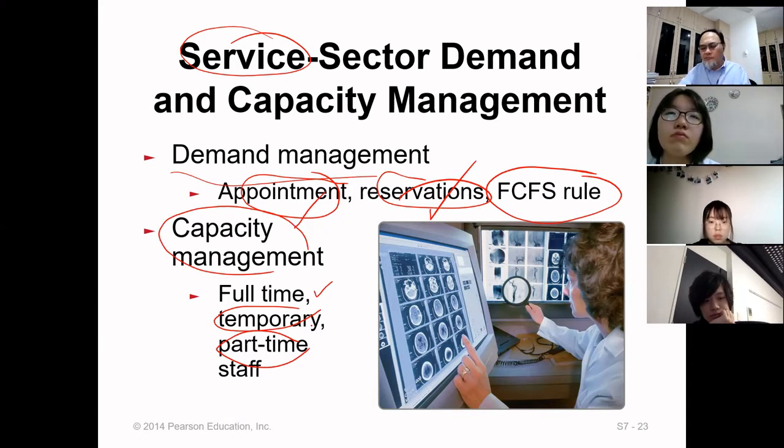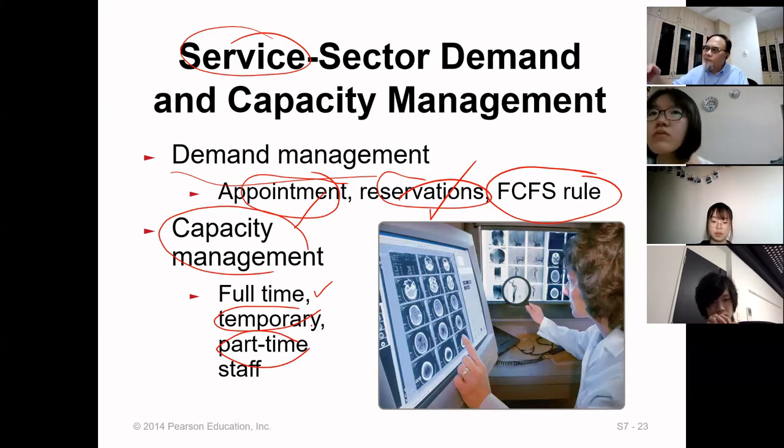It's the same in a restaurant with part-time workers. The restaurant calls and says, today many people come. So that is service capacity management. The manager will have these spare workers, and they will call them during peak hours, when there is a lot of demand and a lot of customers.